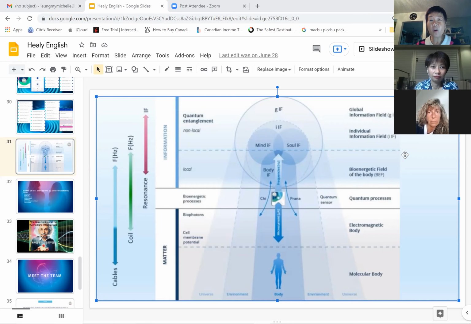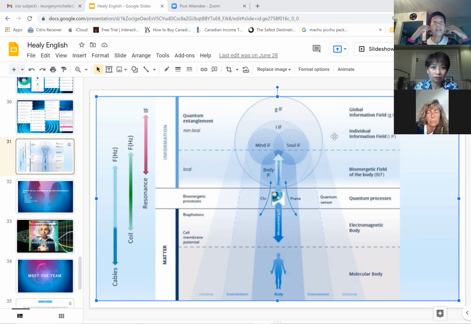When you go further up, there is something called the information field. There is an individual information field and a global information field. This is where you talk about quantum entanglement; this is all quantum physics.